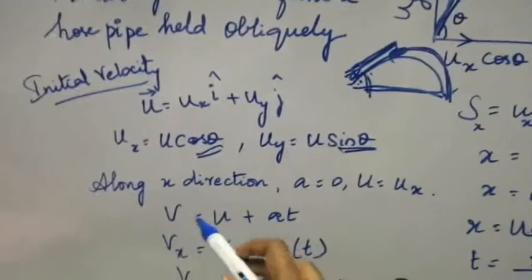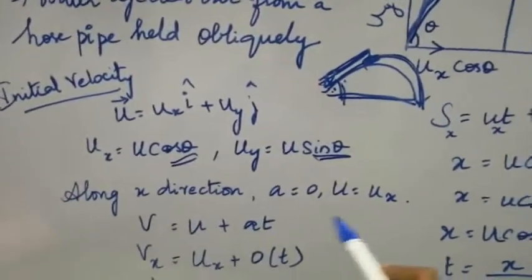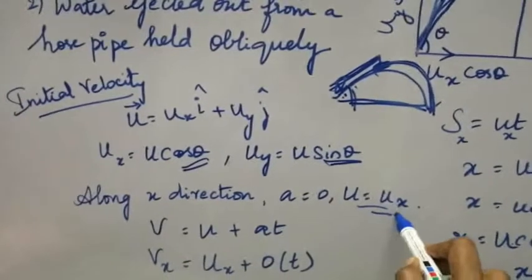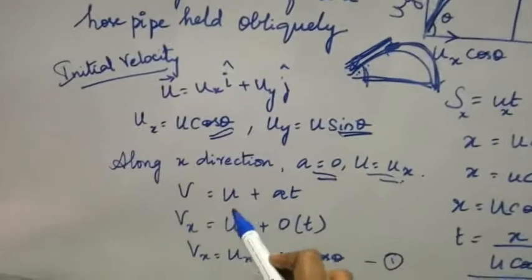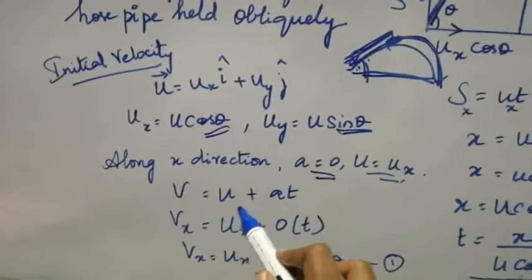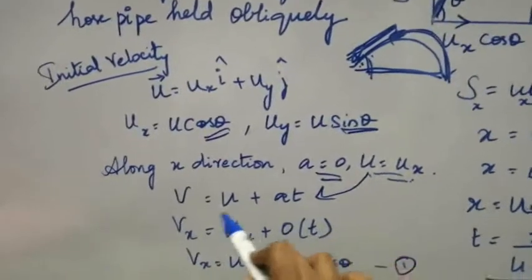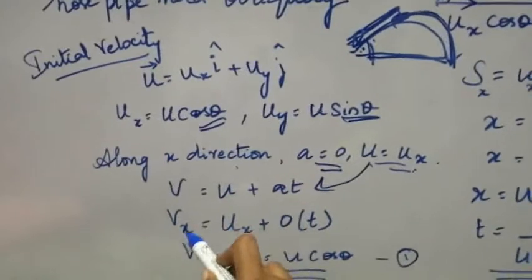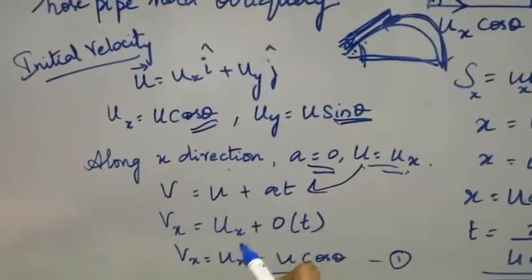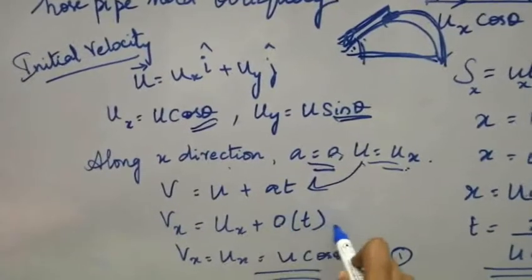Then along the x direction, the initial velocity is ux, and the acceleration is 0. So I am going to consider the equation of motion v equal to u plus at. Substitute these values in the equation here. Then along the x direction, I am writing vx is equal to ux plus a t, where the a value is 0, so 0 into t.